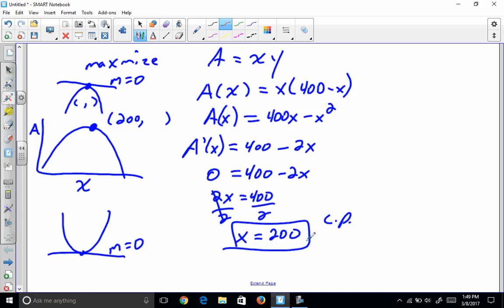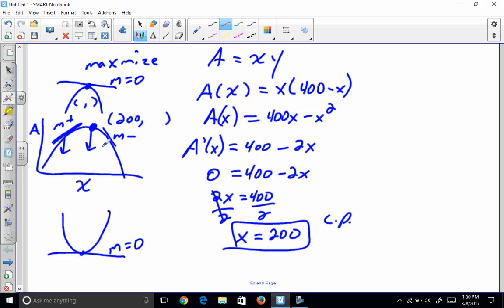So how do we show if this is a maximum or a minimum? We can do it using the first derivative test. If we know that the slope here is 0, we can check the slope on each side to see if we go from increasing, positive slope, to decreasing, negative slope. Or we can check the concavity.